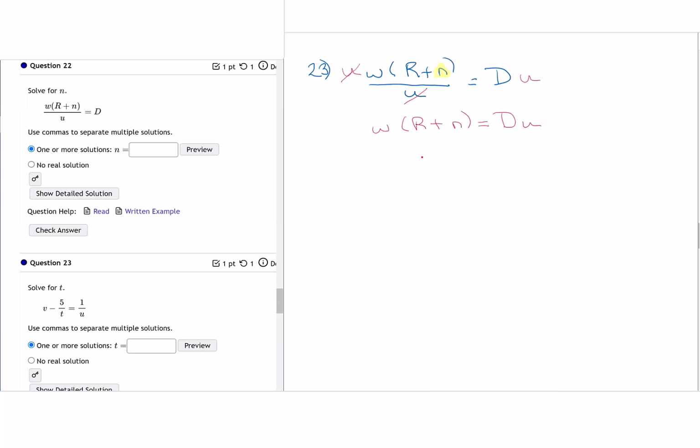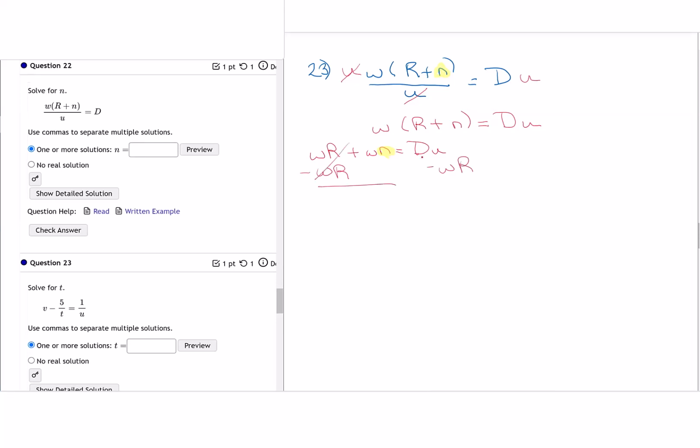Now here's where things can deviate. I'll do both ways. If I want to distribute, I can say WR plus WN is equal to capital DU. I'm still solving for this n. I'm going to subtract WR from both sides.